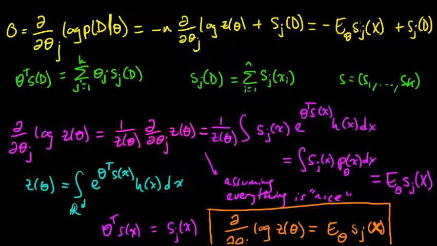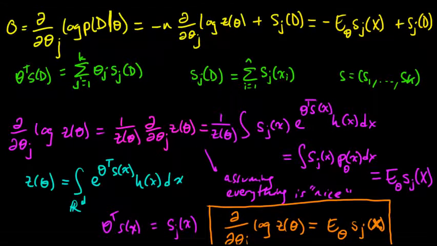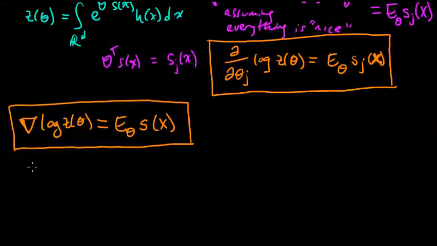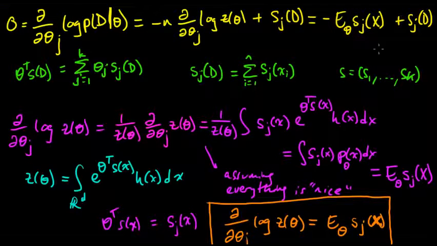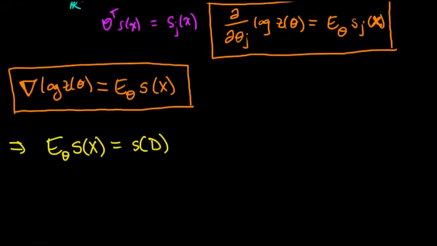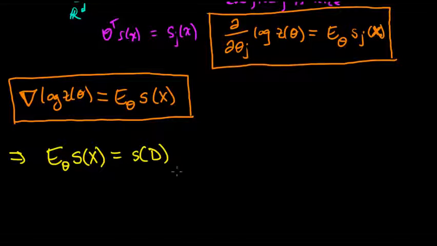And if we move one over to the other side, let's see what happens. So our previous computation implies that the expected value under theta of s of x equals s of d, right? I'm just lining these up in the vector, using the same sort of thing here.